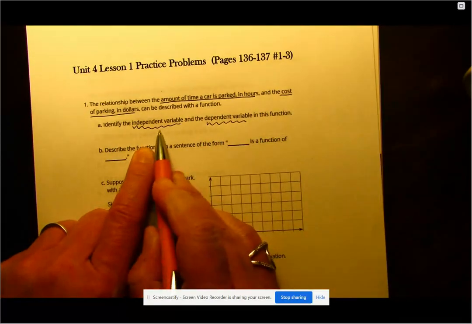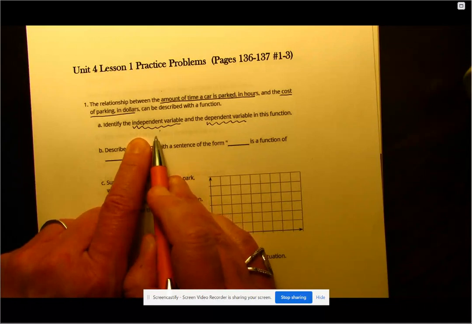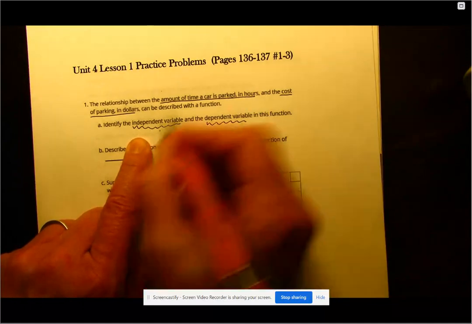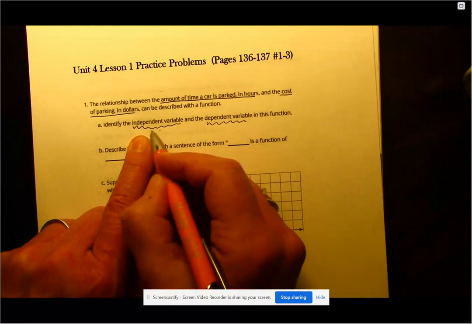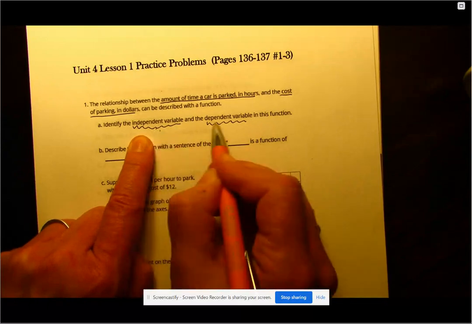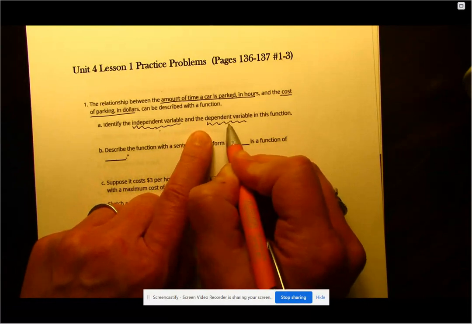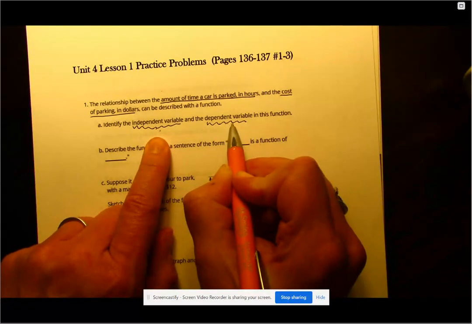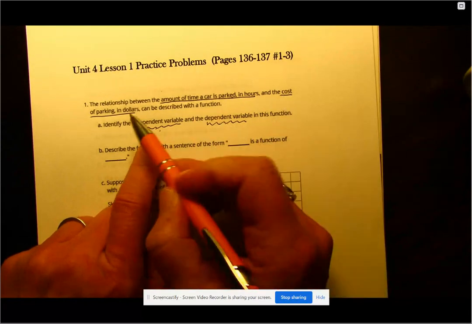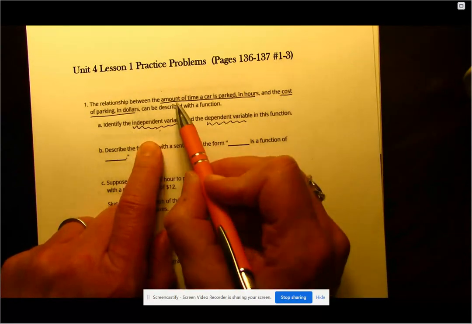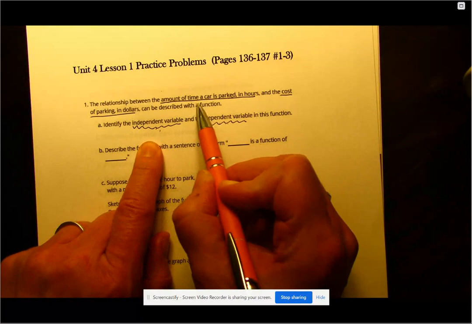So independent, they talked about it being the influencer or the input. Okay, so the influencer or the input, and the dependent would be like the resulting variable or the output. So if you think about that, the cost is going to result from how much time the car is actually parked.